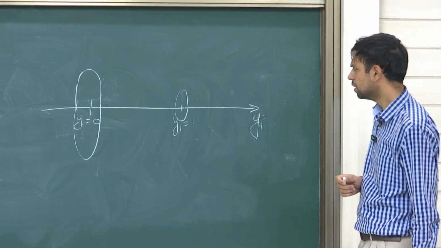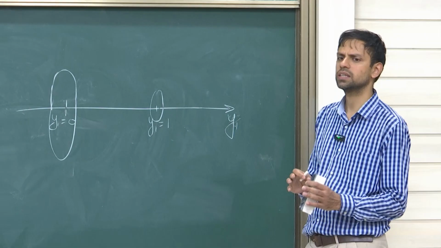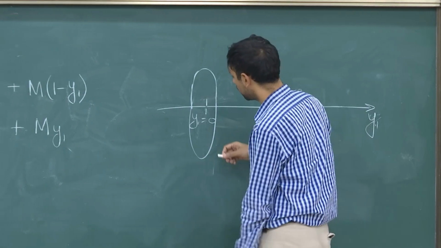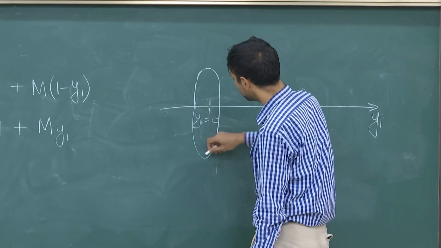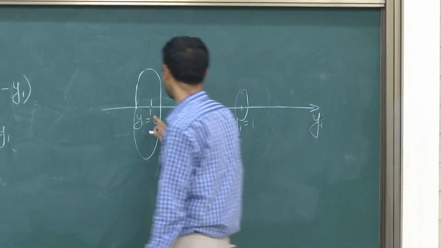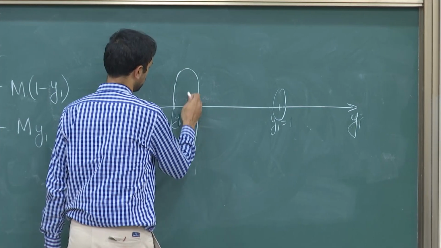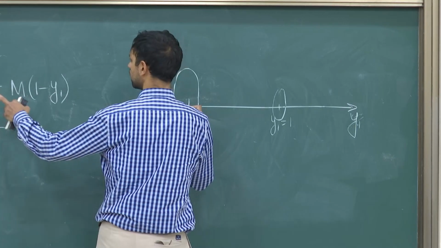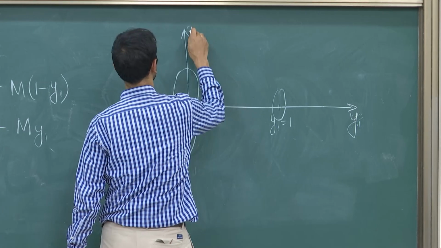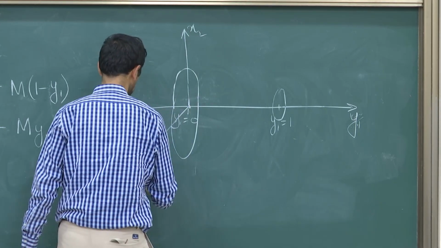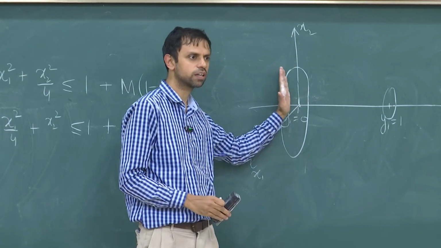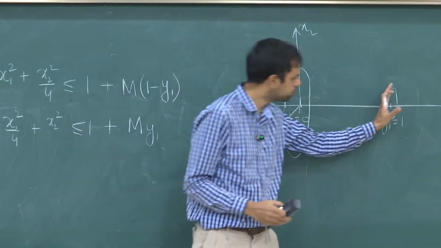So if I want to find the convex hull, where are the feasible points? The feasible points are everything inside this ellipse and everything inside this ellipse. One axis is x1 and the other is x2. Since this is longer here, I will say this is x2 and x1 is coming out of the board. So this ellipse is like this, and then there is a different ellipse here.